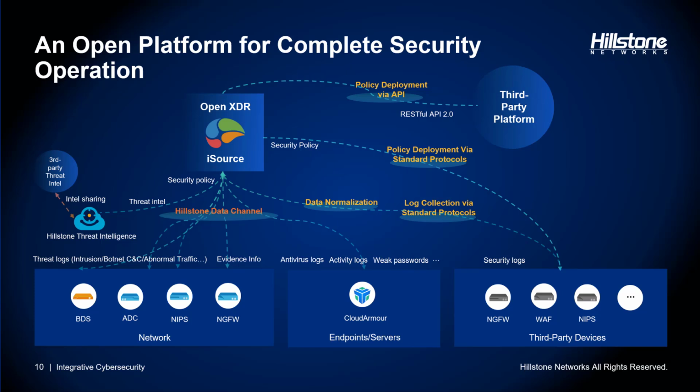We built iSource as an open platform, so it doesn't just work in isolation. It works with everything that you already have. First of all, it supports threat intelligence sharing, not just from Hillstone, but also from our third-party partners. This helps enrich detection, enrich the context of your findings, and leverage the capabilities of our partners.